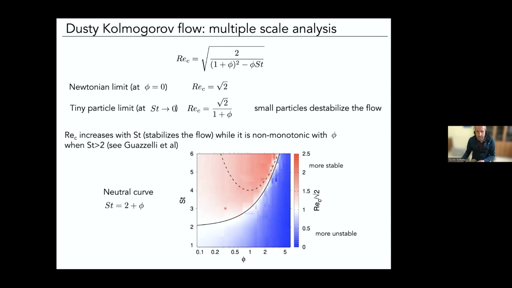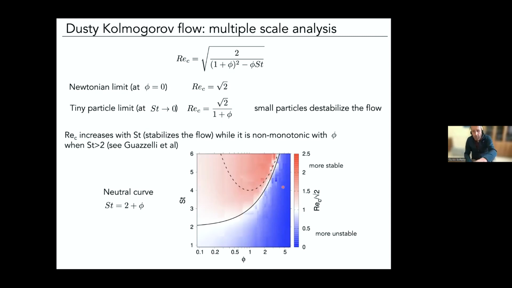When Stokes is sufficiently large, at small volume fraction the flow is more stable, but if you increase the volume fraction, at a certain point it becomes more unstable with respect to the Newtonian case. So even with this very simple model, we have a picture which already shows some interesting features.